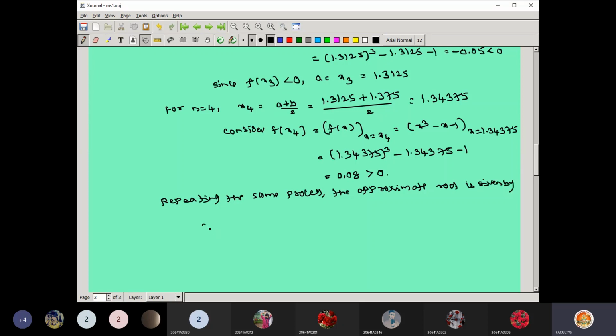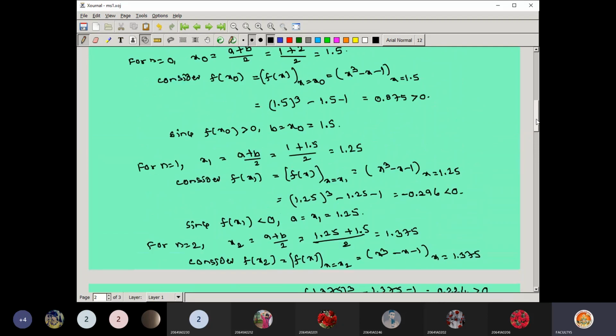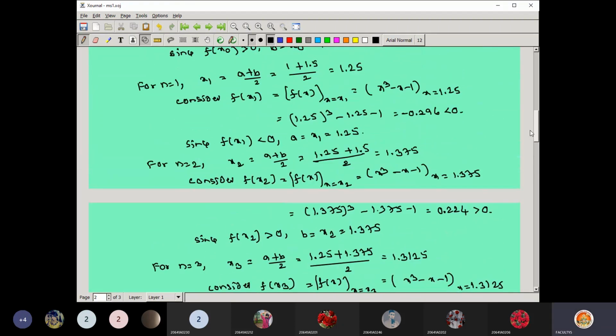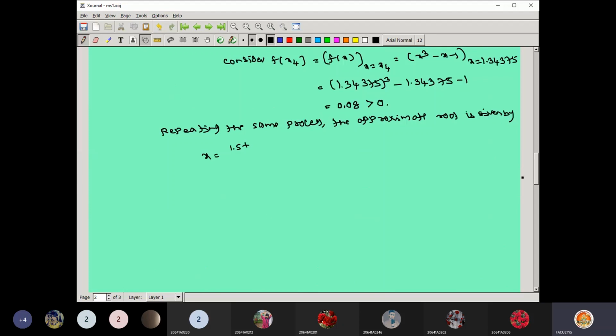you just write down only x is equal to, write down your first approximate root. What is your first approximate root, which is nothing but starting with x naught? It is 1.5. So write down 1.5 plus x1. What is the x1 value? x1 is 1.25. And similarly, you can go for x2.